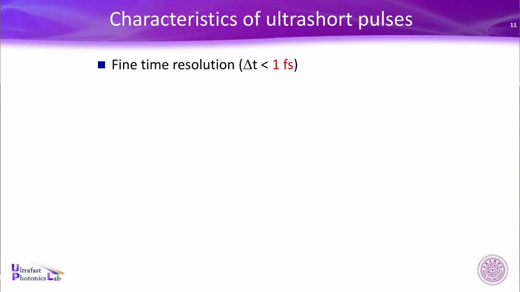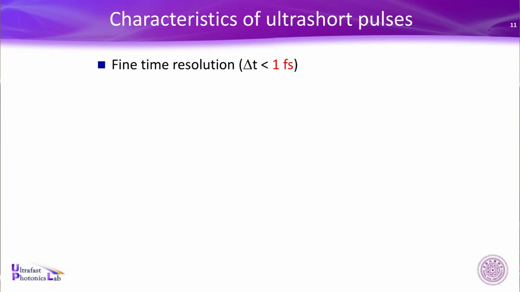Okay, next, let's talk about the characteristics of ultrashort pulses. The reason is later we will talk about the applications, and you know applications depend on the characteristics. 你有什么特征，你就能做什么特别的应用啊。所以我们先从特征开始啊。这些超短脉冲雷射有什么特征啊？First, fine time resolution.